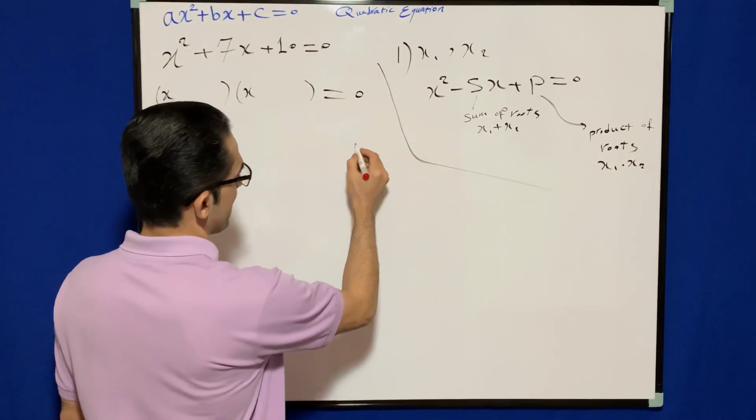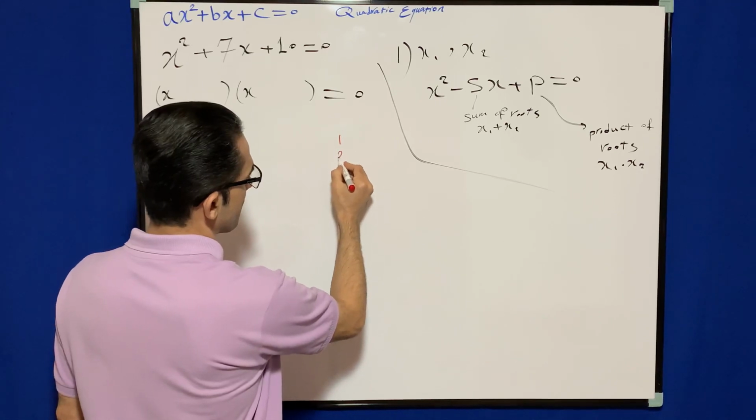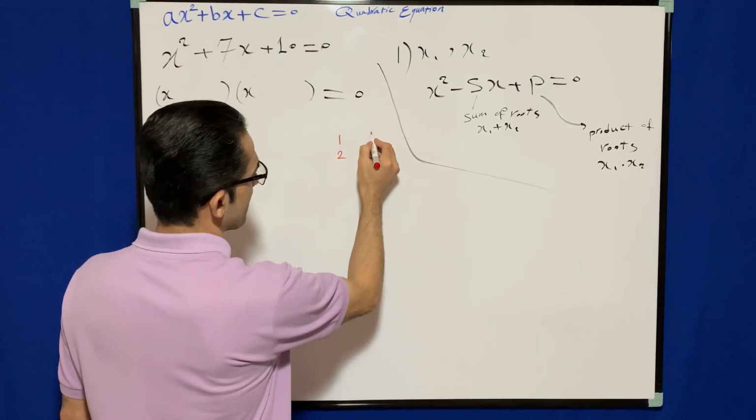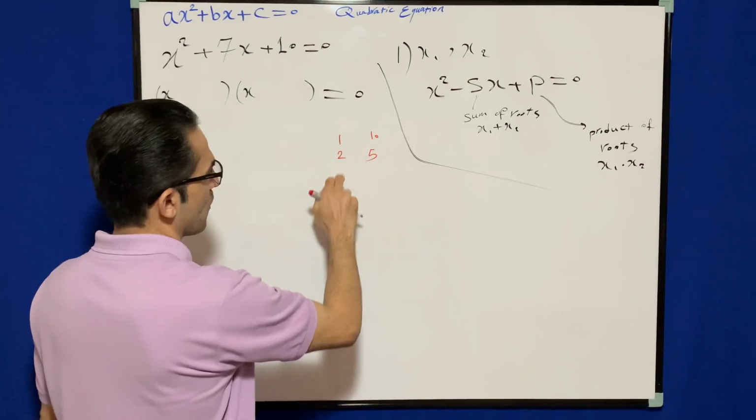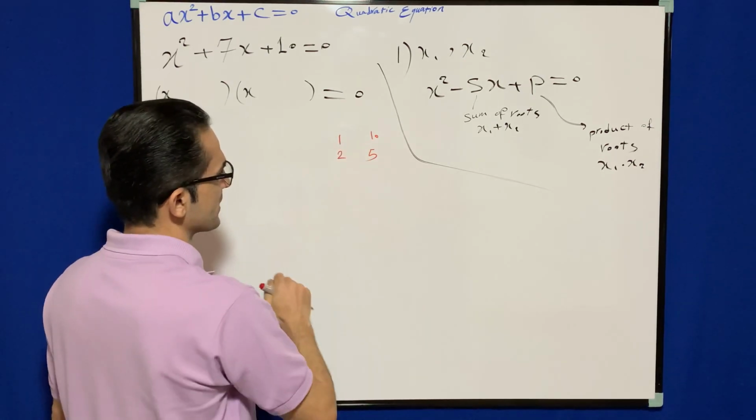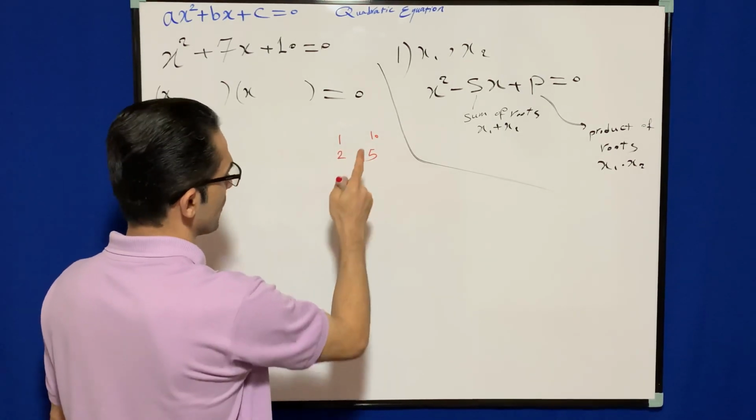So factors of 10: 1, 2, 5, 10. 1 times 10 equals 10. 2 times 5 is equal to 10.